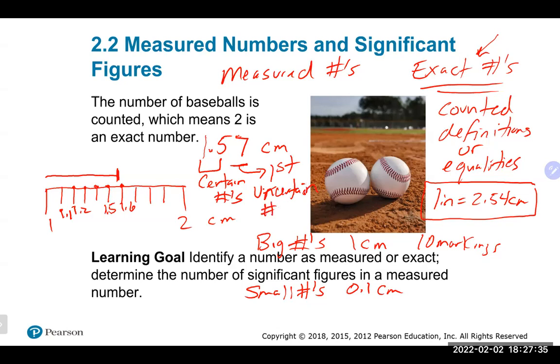So the 1.5 is what is referred to as the certain numbers. The 7 in my case is what is referred to as the uncertain number. And whenever you take a measurement, you should always record all the certain numbers plus the first uncertain number. And that is the proper way to take a measurement. When you do that, and you record all the certain numbers plus that first uncertain number, that is really what significant figures are.